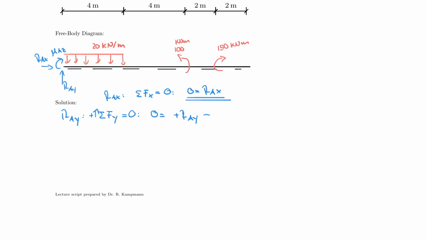So 20 kilonewton per meter is now going downwards, so minus 20 kilonewton per meter multiplied by 4 meters. It's acting over a distance of 4 meters, and therefore I know that my RAY, first of all, is positive, and I indicate that it's positive, and then 20 times 4 is 80, plus 80 kilonewton. This means it's going up.